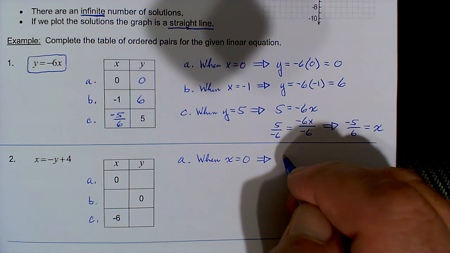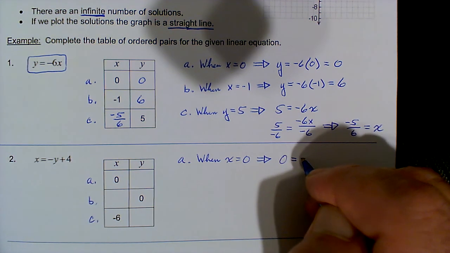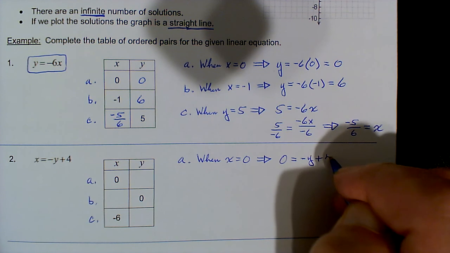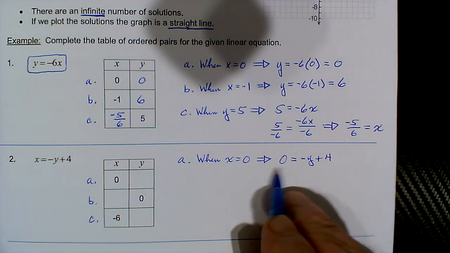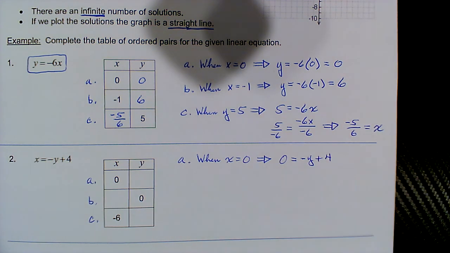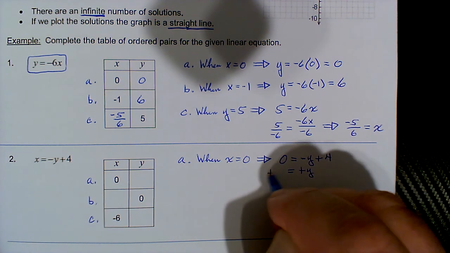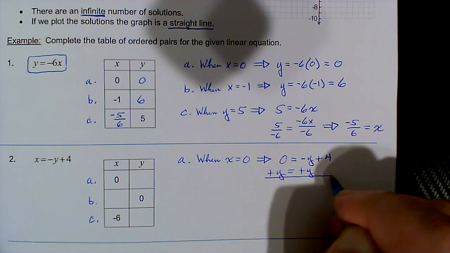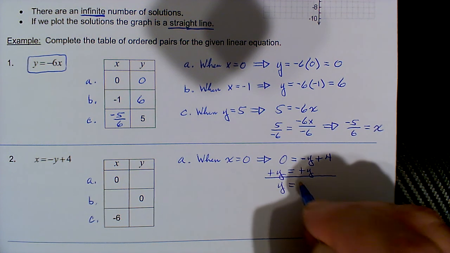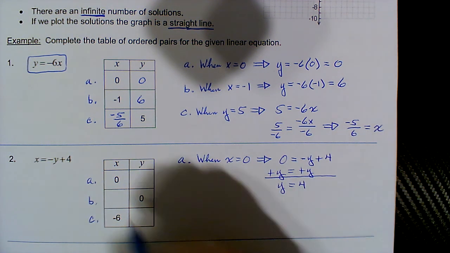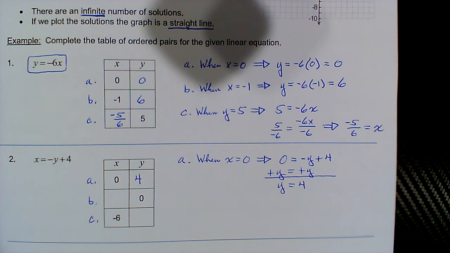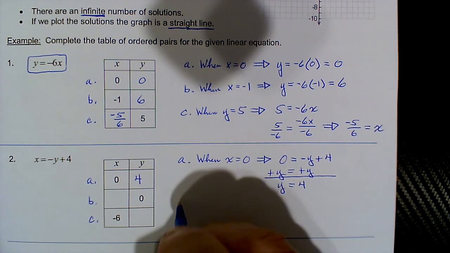So x we replace by 0, and just recopy everything else, negative y plus 4. And then we have to solve algebraically, so a lot of times we'll have to manipulate the equation. I'm going to add y to both sides of the equation to get that y equals 4. So when x is 0, y is 4.